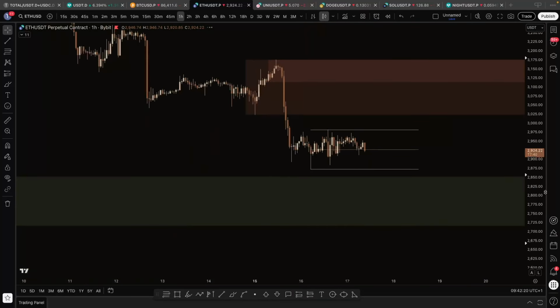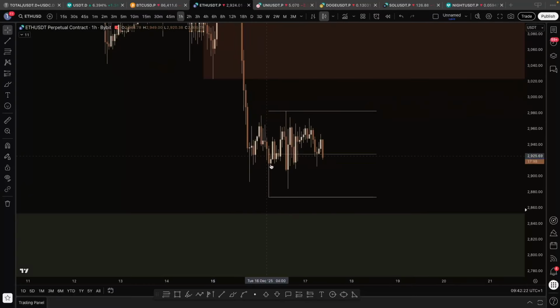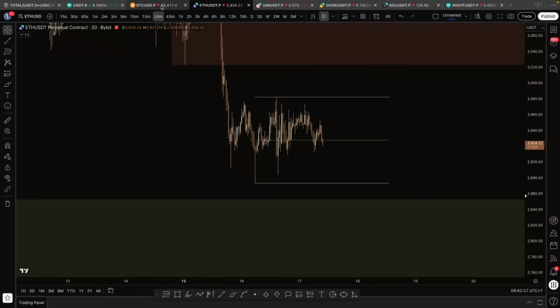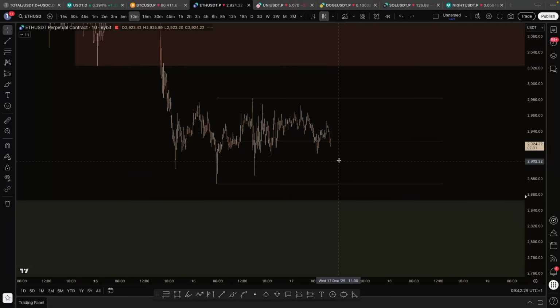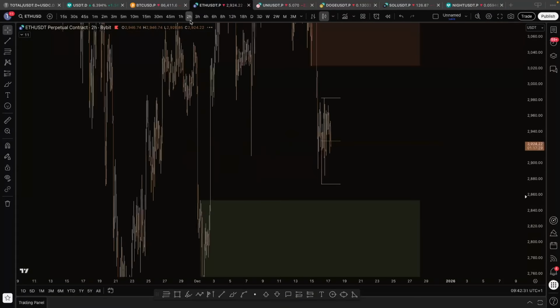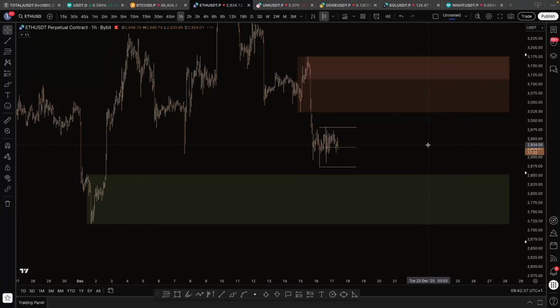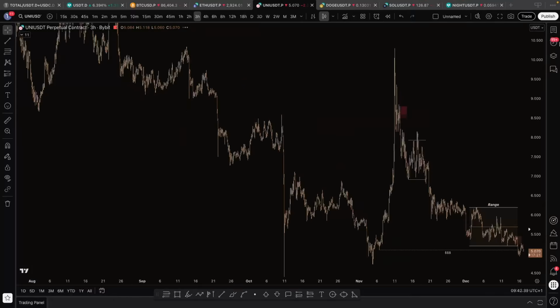So I'm definitely watching it, but I'm watching this range. I'm not watching internal range price action on ETH as well. So if I do, I will post it, but right now we are just in this wonderful range, and you just have to wait for a deviation of the range low or range high.